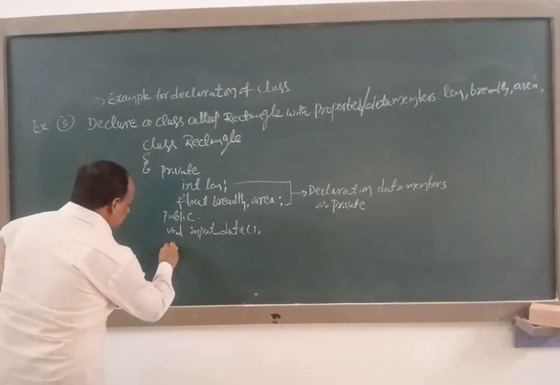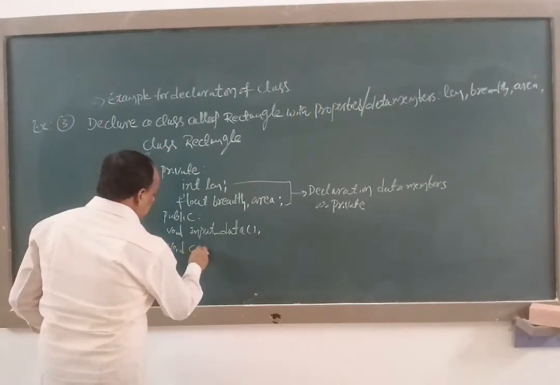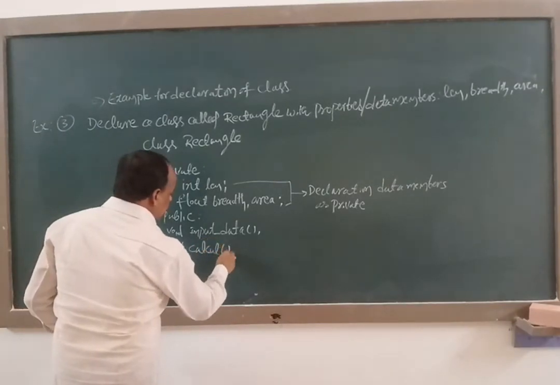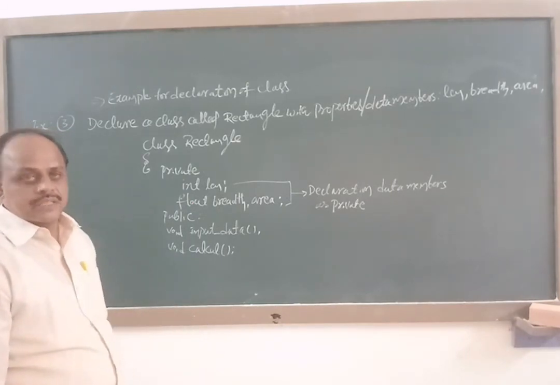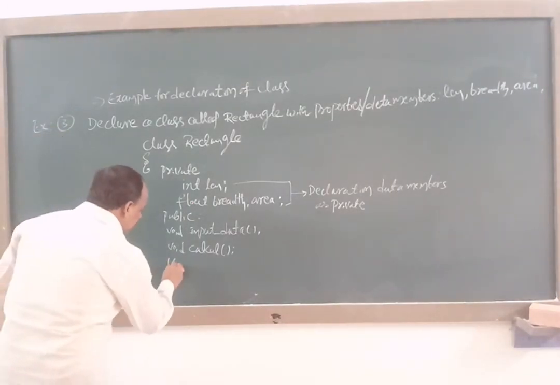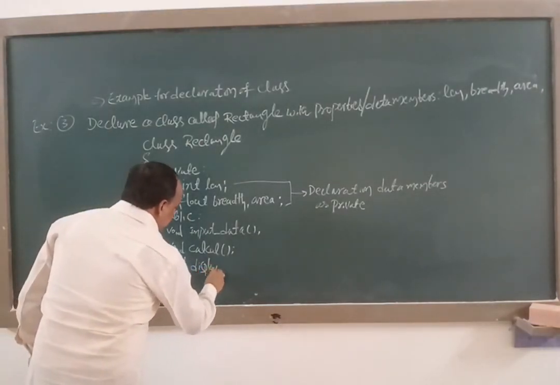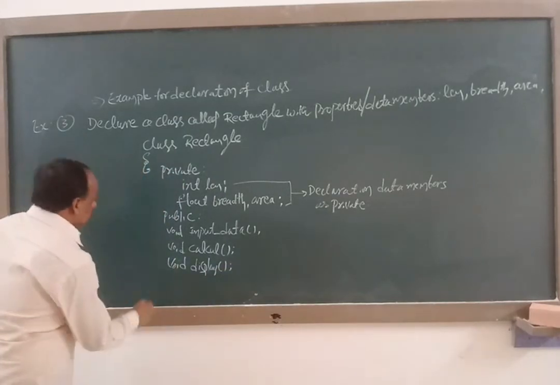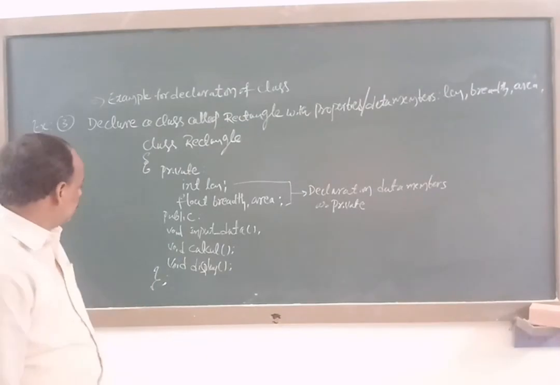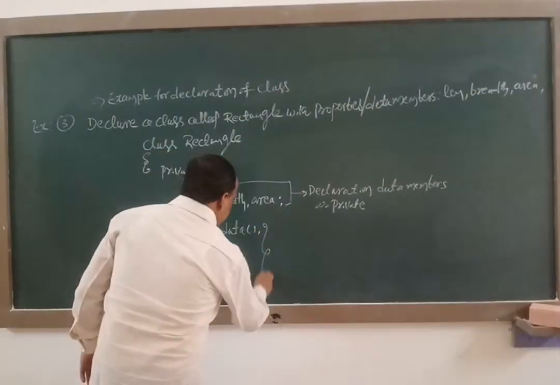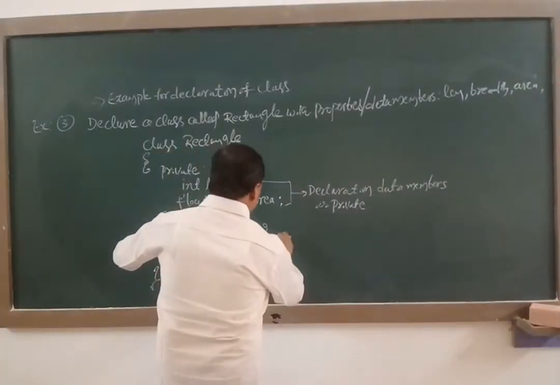So take one more function, void calculate function. After calculating we have to display using another function, so take one more function, void display function, closing of class with semicolon. So these three functions are declared under public.